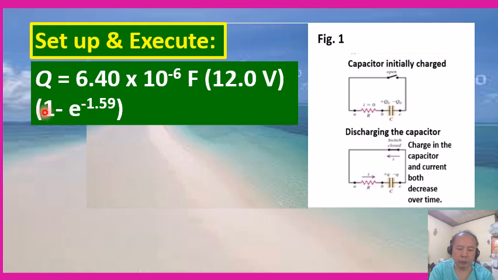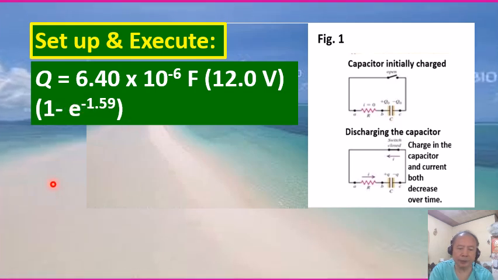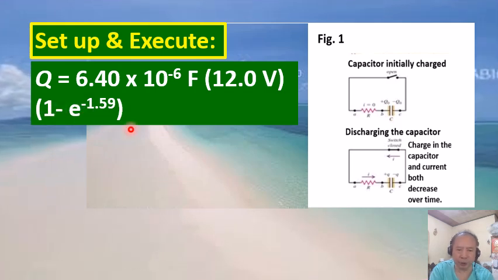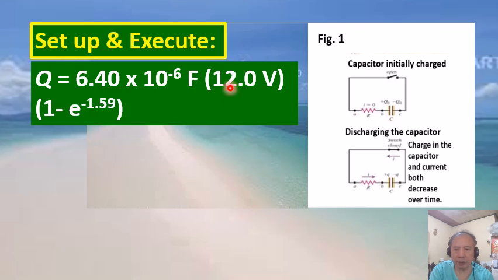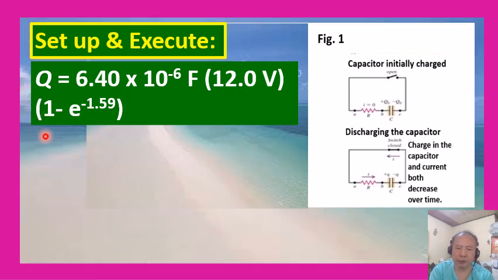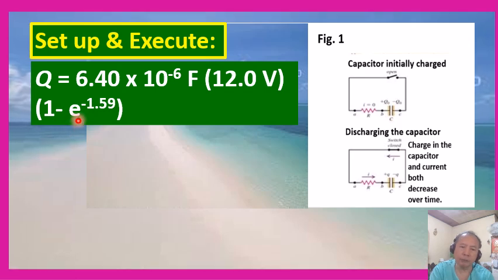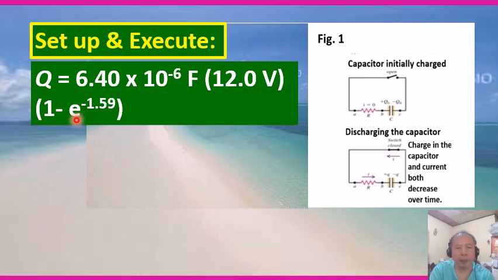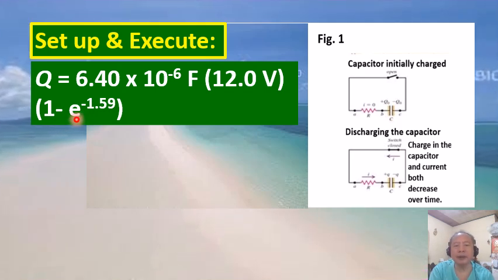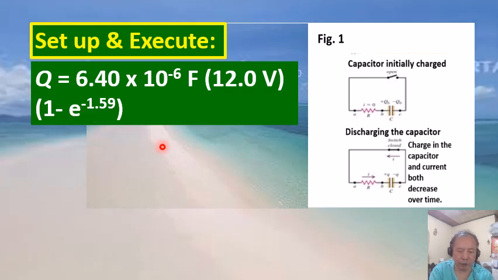So, completing the computation for the charge big Q, we have big Q equals 6.40 times 10 to the negative 6 farad times 12.0 volts and multiplied by quantity 1 minus the Euler's number raised to the negative 1.59, right?